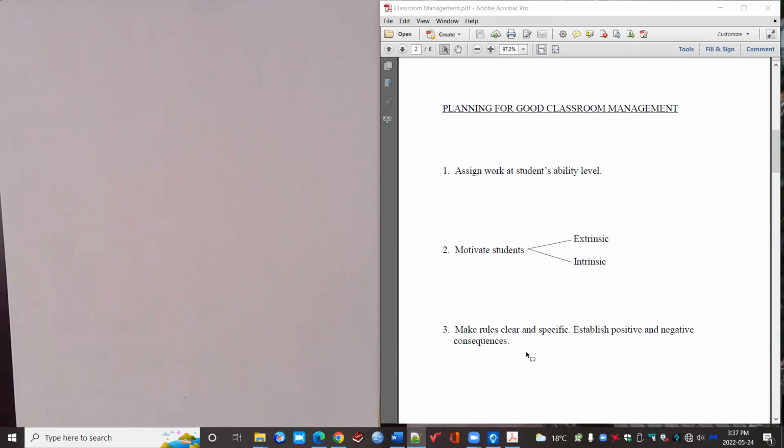Okay, how do you plan for good classroom management? Assign work at students' ability level on the basis of the ATI model. Remember, aptitude, treatment, interaction. Okay, David Hunt.